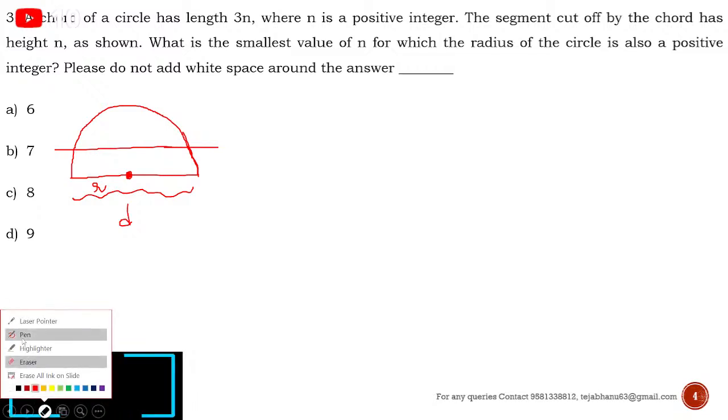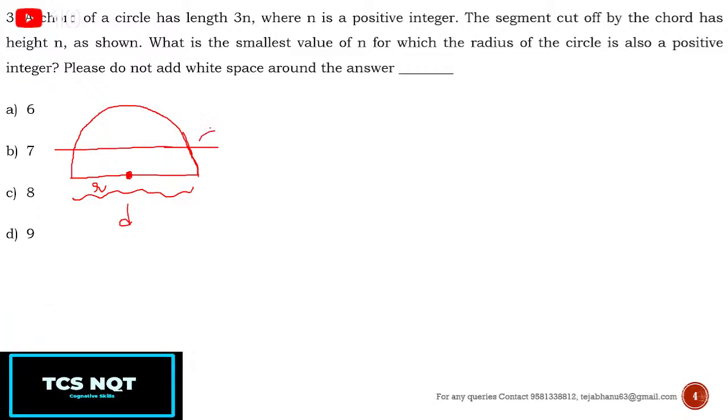Now, this length is 3n. Now, he told that the height is n.